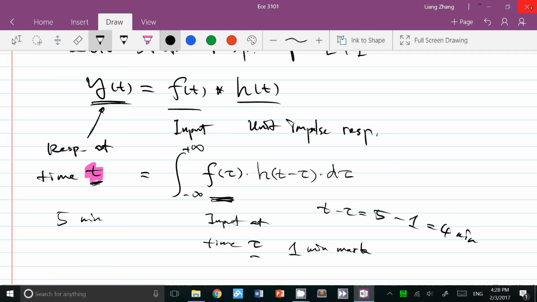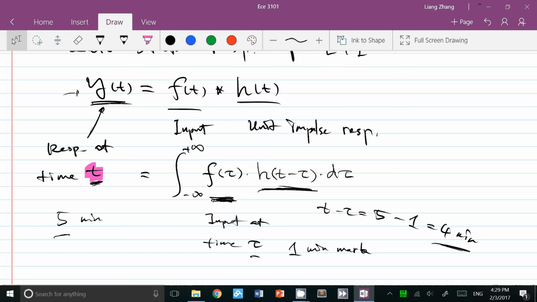The output at time t, how you still feel after a certain amount of time, you will examine all the inputs at each time instant, the response these inputs are generating, and then for each single point you only look at how much time has elapsed from the instant that the input is applied. You only worry about what happens at this particular time moment. How do you feel after so many minutes as well? This is how we interpret this convolution integral.